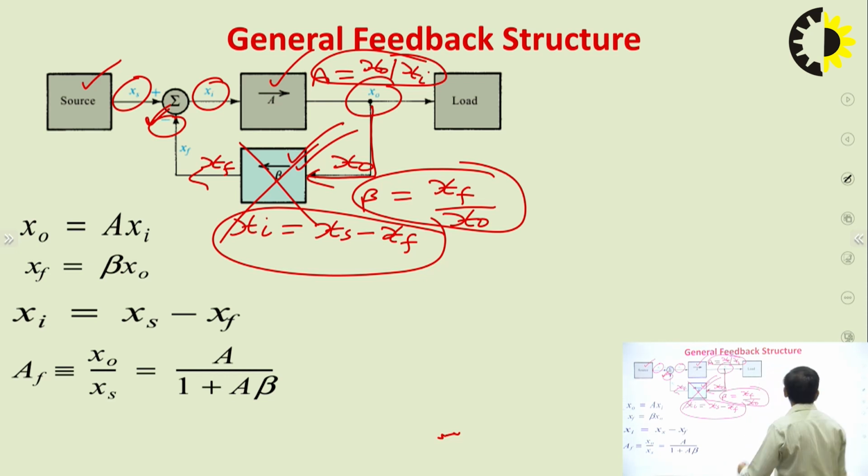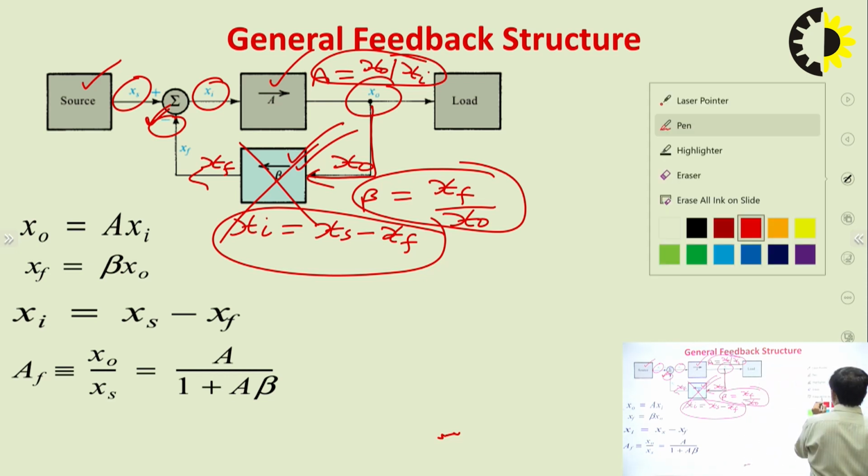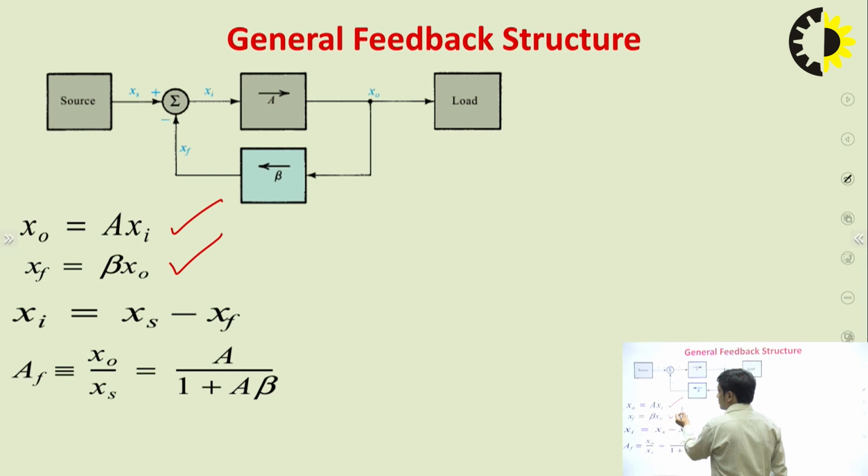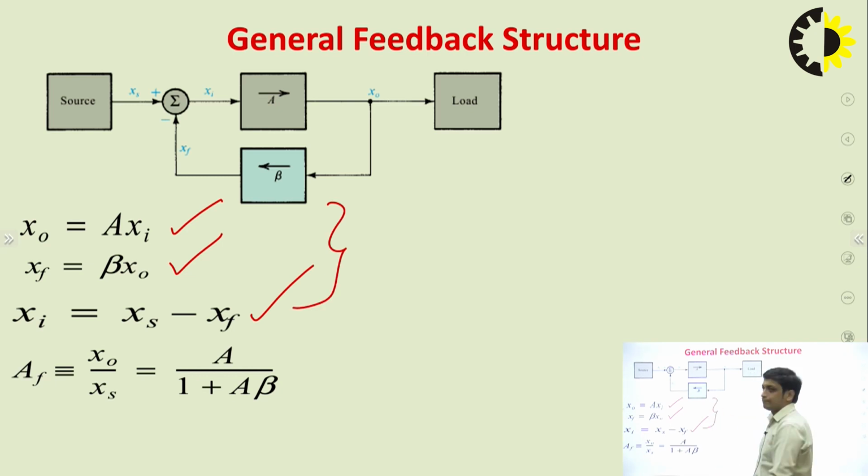So with the help of these three equations which I have discussed, that is X0 equal to A into Xi, Xf is equal to beta into X0, Xi is equal to Xs minus Xf, after mathematical simplification we can calculate the gain with feedback, that is called AF.